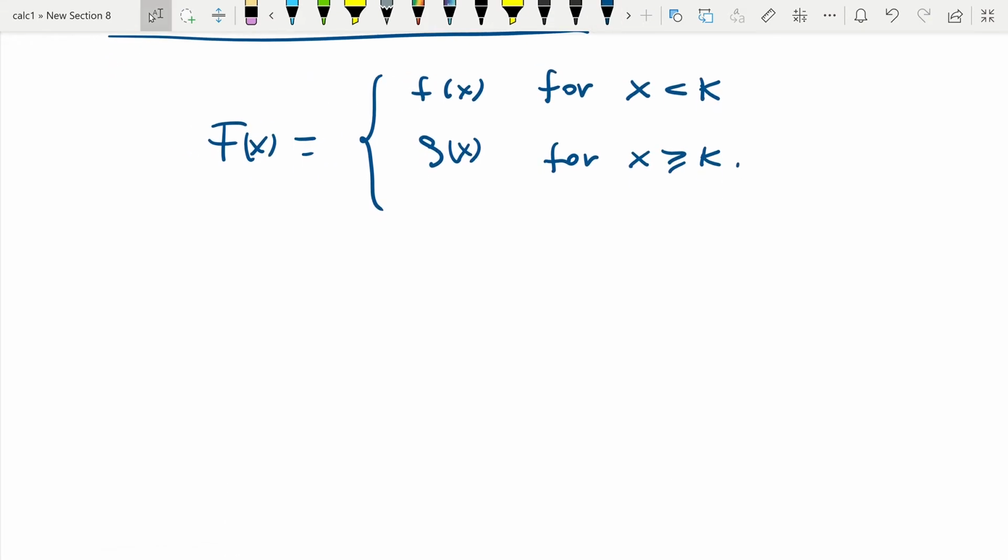And you can actually use multiple functions, and you can divide your real line into as many subintervals as you want, and define functions in a piecewise manner that way.